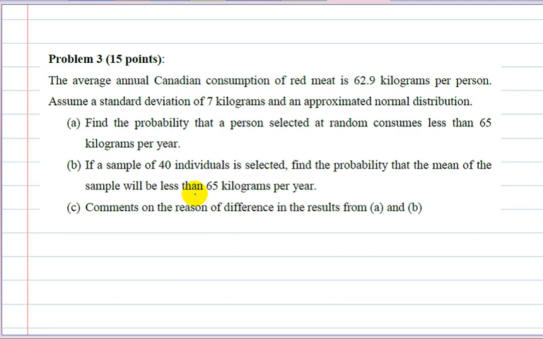For the first question, you select a person and you can define random variable X as the consumption of red meat.